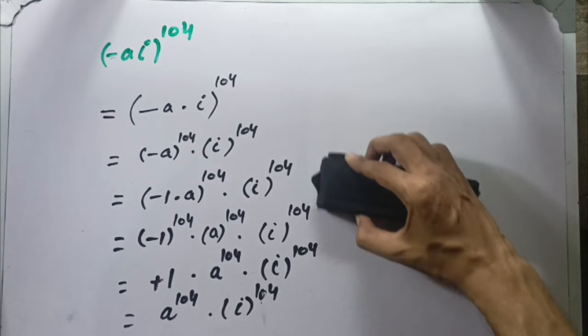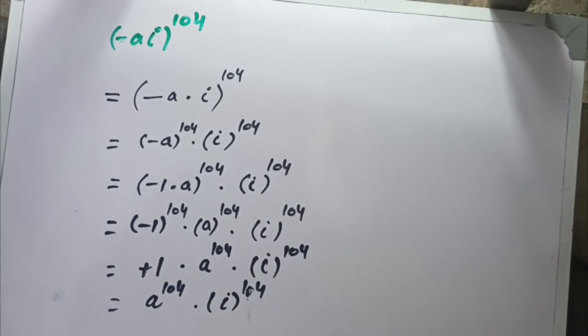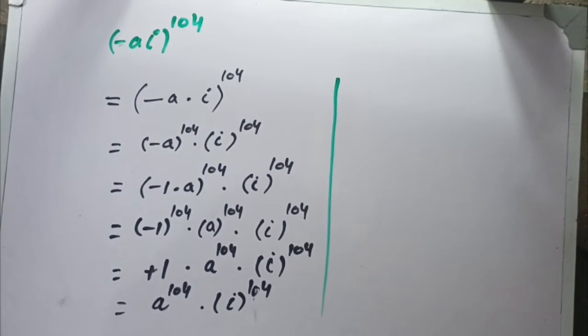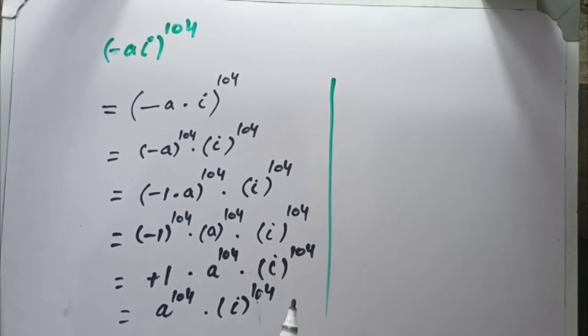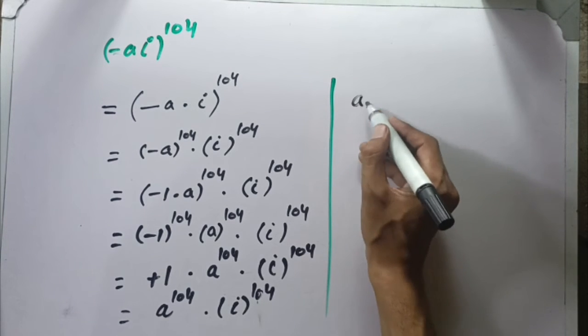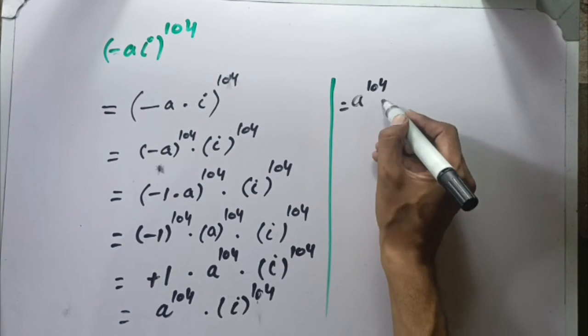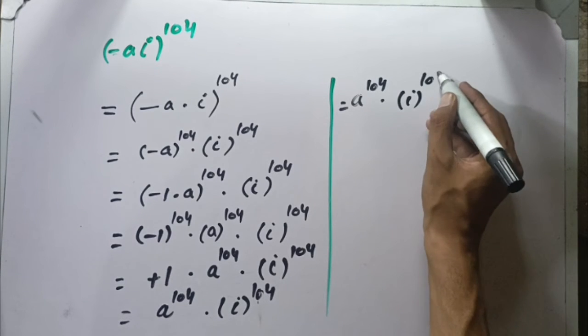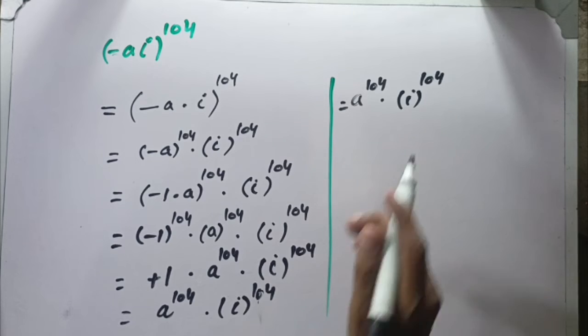For that I need some space, and I have created some space. Now to solve this, I am going to move here: a raised to power 104 multiplied by iota raised to power 104. How do we solve this number?